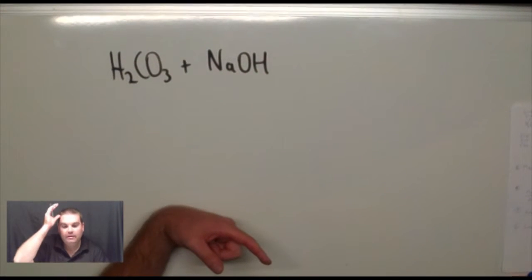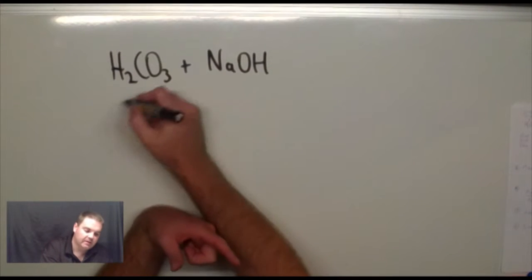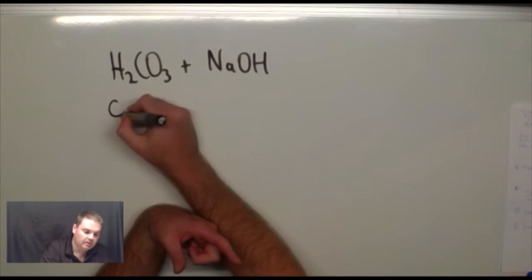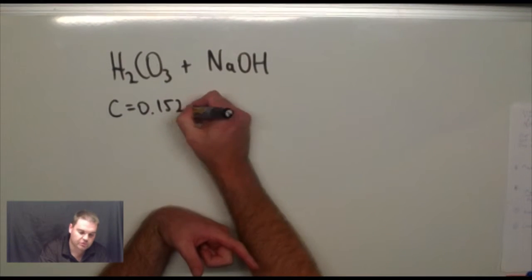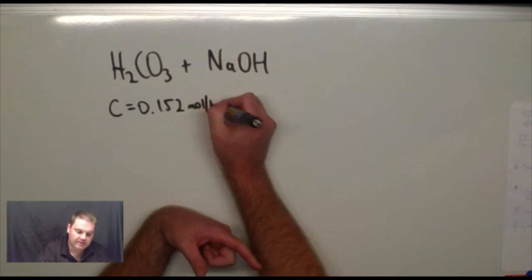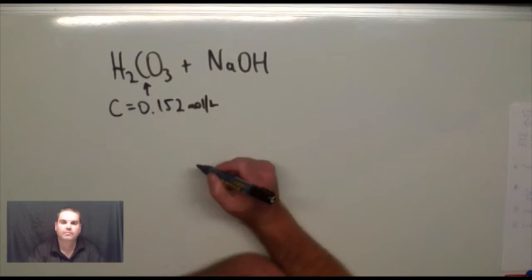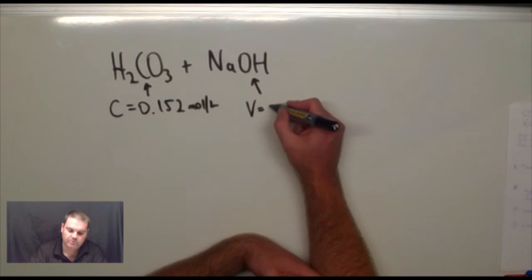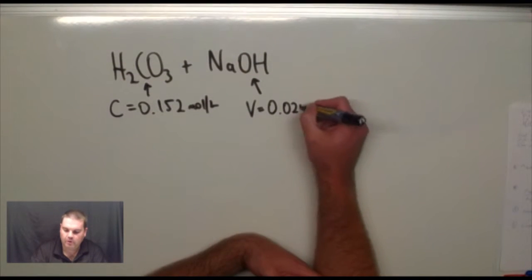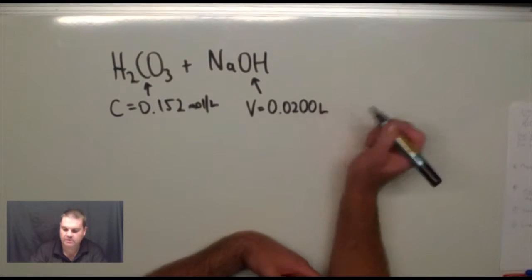Okay. Now, what we're going to be doing is taking some 0.152 moles per litre carbonic acid, okay, and we're going to be titrating that against 20 mils of our sodium hydroxide solution.